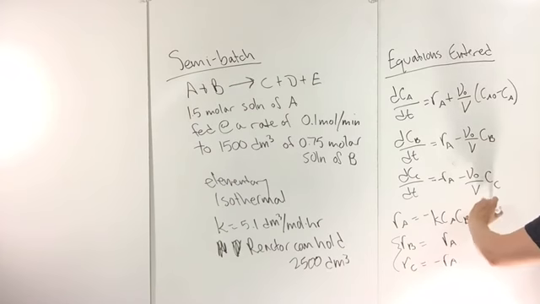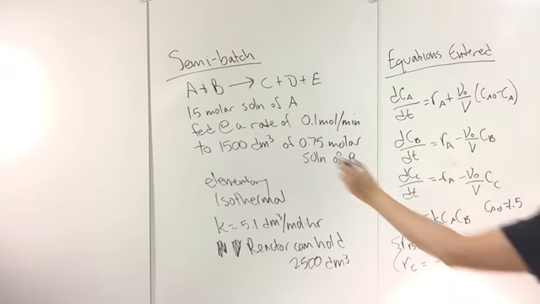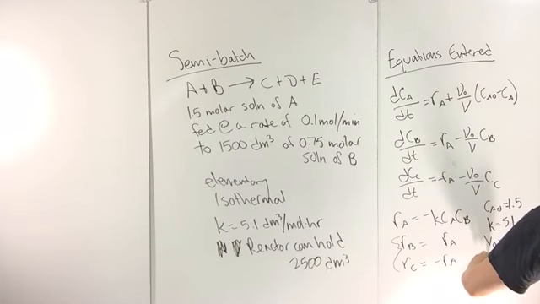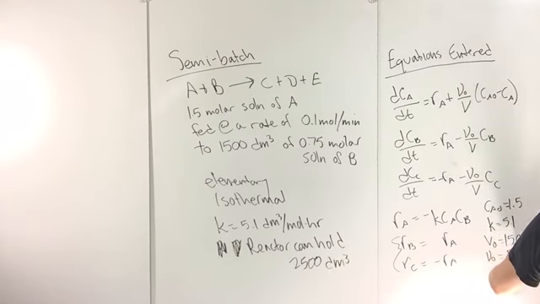So in this case, Ca naught is equal to 1.5 because you're feeding a 1.5 molar solution of A. K is equal to 5.1. That was given. V naught is equal to 1500 because that's what you have initially. And your volumetric flow rate is equal to Fa naught over Ca naught.